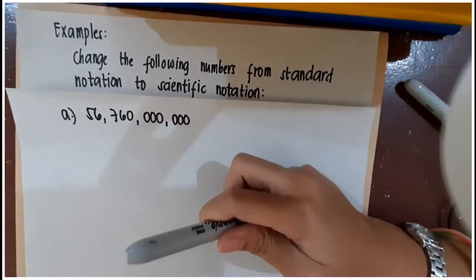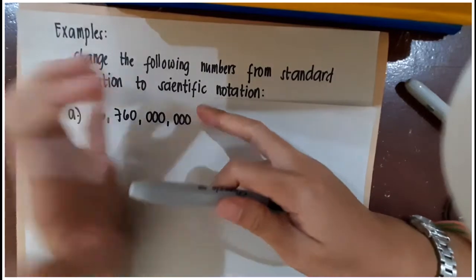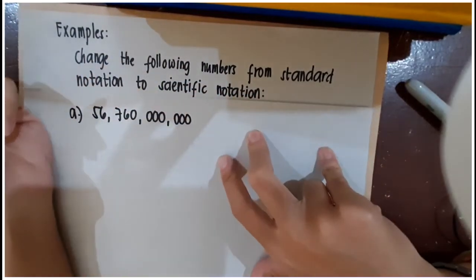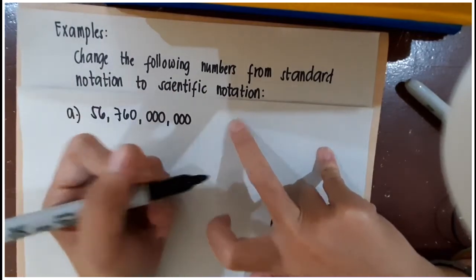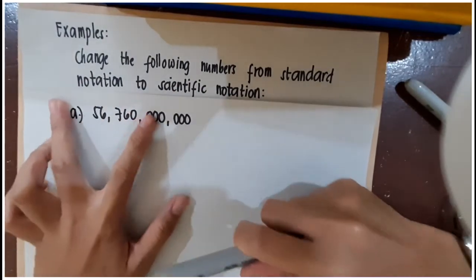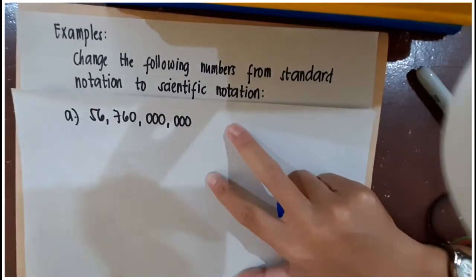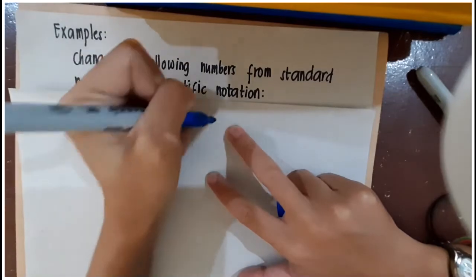Okay, so let's have examples for scientific notation. Change the following numbers from standard notation to scientific notation. Okay, for letter A, this is the number. We are going to write it in scientific notation.